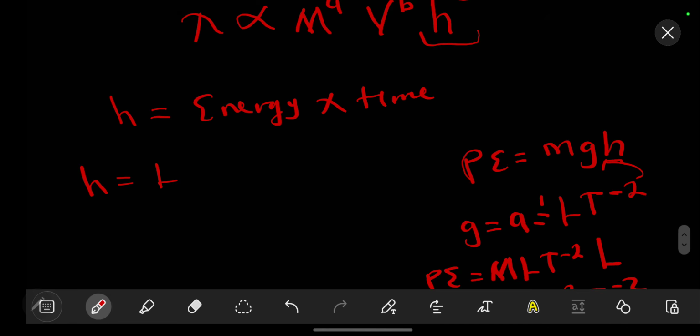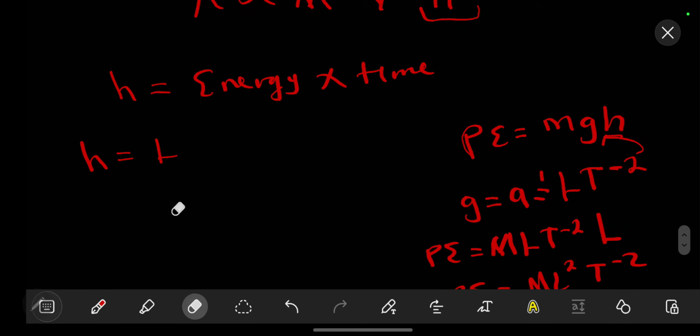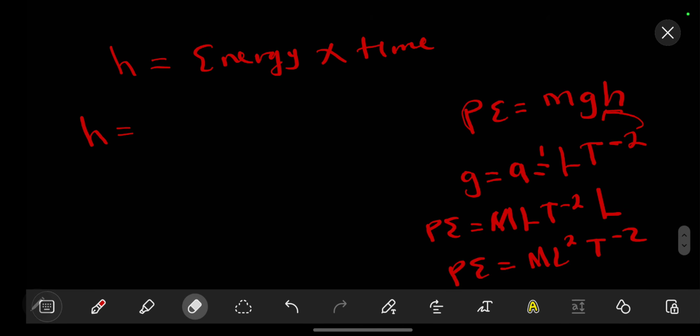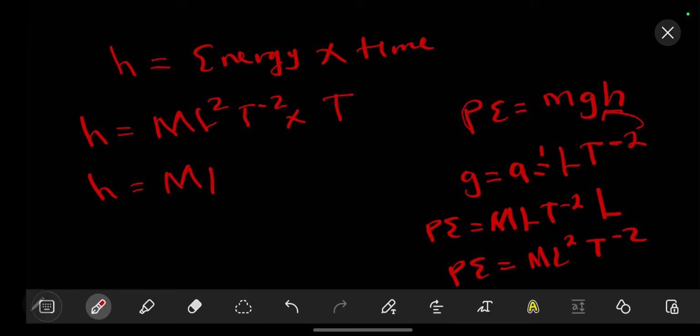So we can replace, for where there is h, we can say the energy second, which will be our m L squared t raised to the power -2. Then we have times the time, which is capital delta T, should be equal to m L to the power 2.